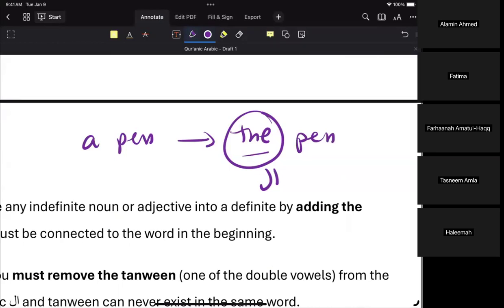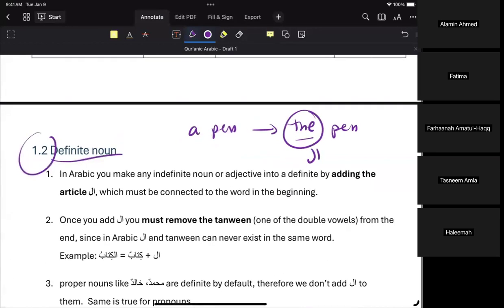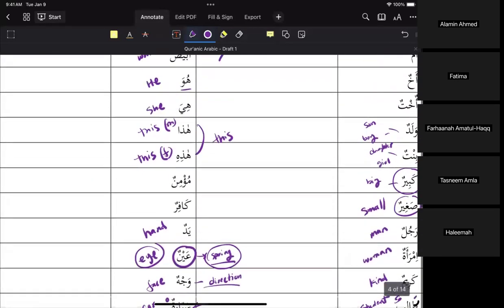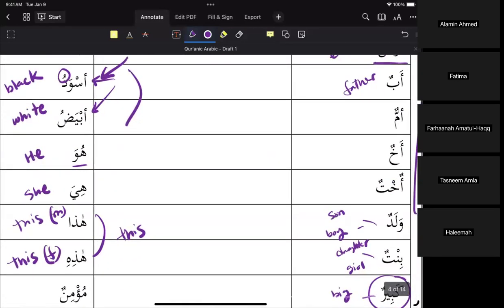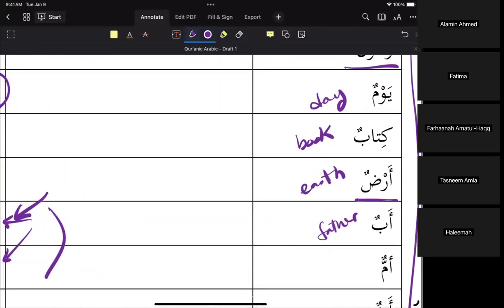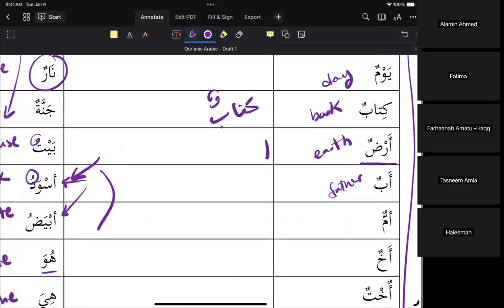Very simple. But there are some rules. For example, let's take one example from here: al-kitab. You have kitabun, and all we need to do is add alif lam. So we have alif lam and we add kitabun.